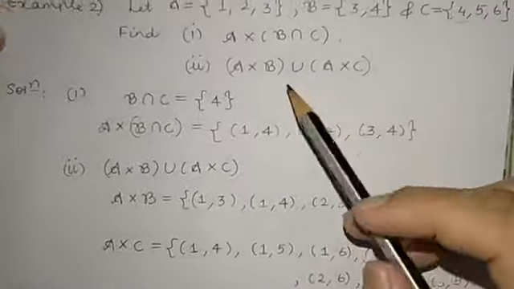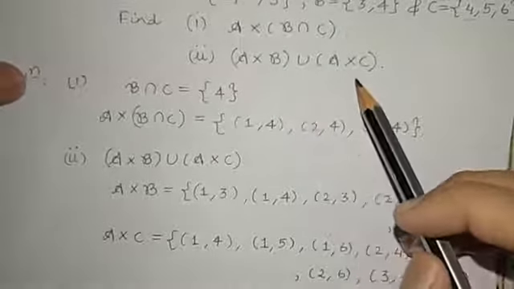Now let us go to the second problem. The second problem is (A cross B) union (A cross C).